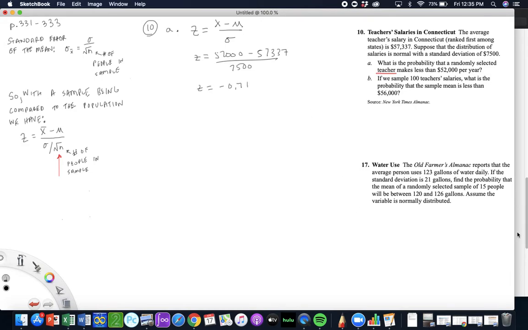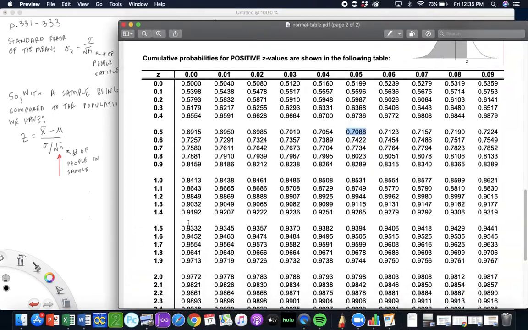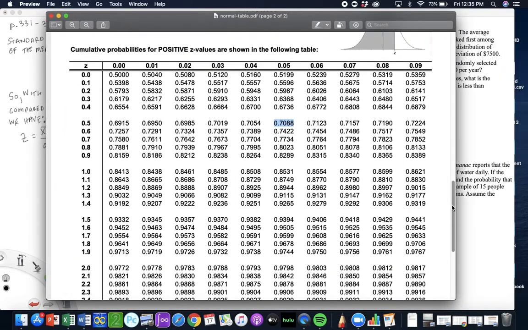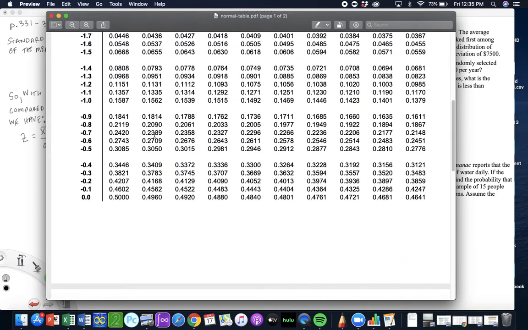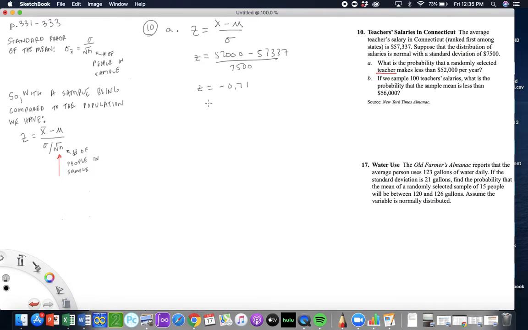So I'm going to go to my beautiful chart here. Negative 0.71. That's a negative, so I've got to go up here. So that would be right here. So 0.2389. And because it's asking for less than, that is my answer. So our answer is 0.2389.